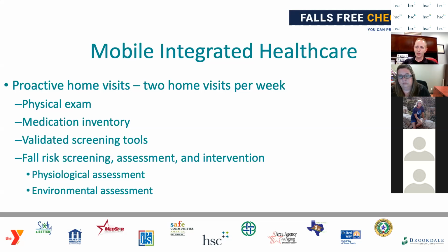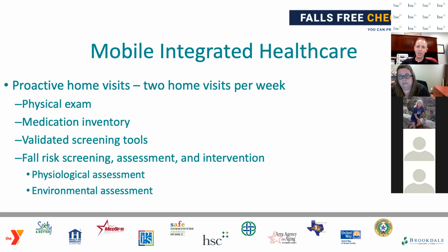So once we get all that squared away, we will then walk them through that checklist that we talked about earlier, the Check for Safety checklist. And we'll go with them room by room to help them identify the risks or hazards in their house that could predispose them to a fall.